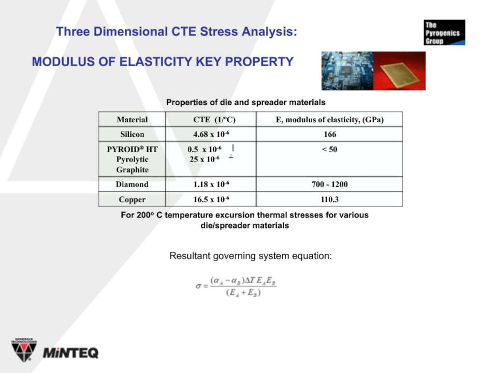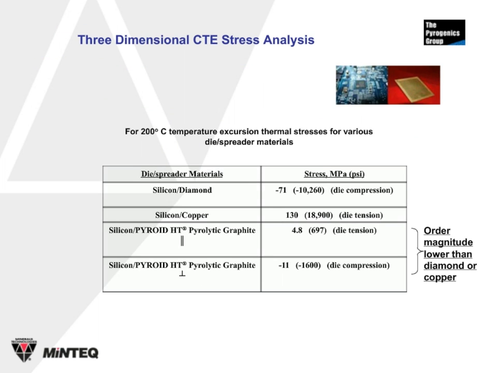We use, finally, that modulus of elasticity to look at the difference in stress that is encountered when using pyrolytic graphite Pyroid HT combined with a common silicon versus either diamond or copper.